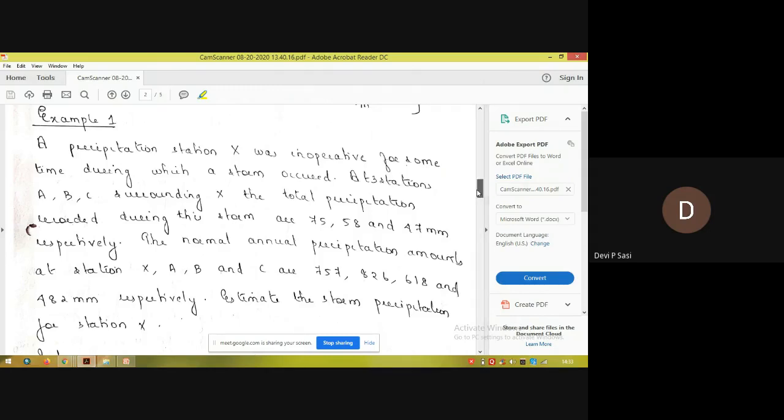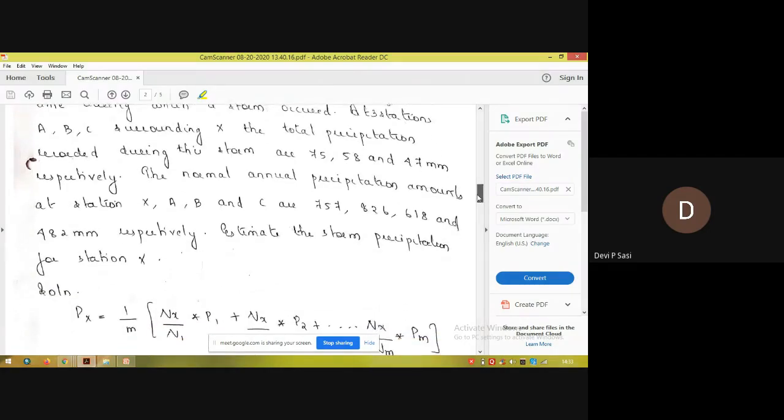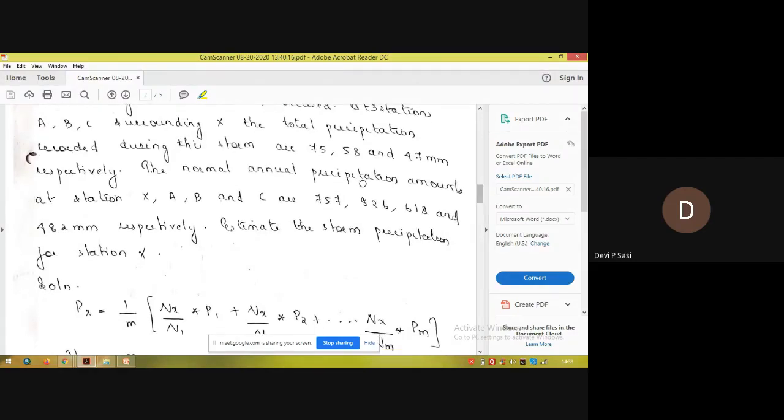Next, normal annual precipitation ആണ് 757, 826, 618 and 482. So, NX, NA, NB, NC or NX, N1, N2 and N3 are 757, 826, 618 and 482 respectively.